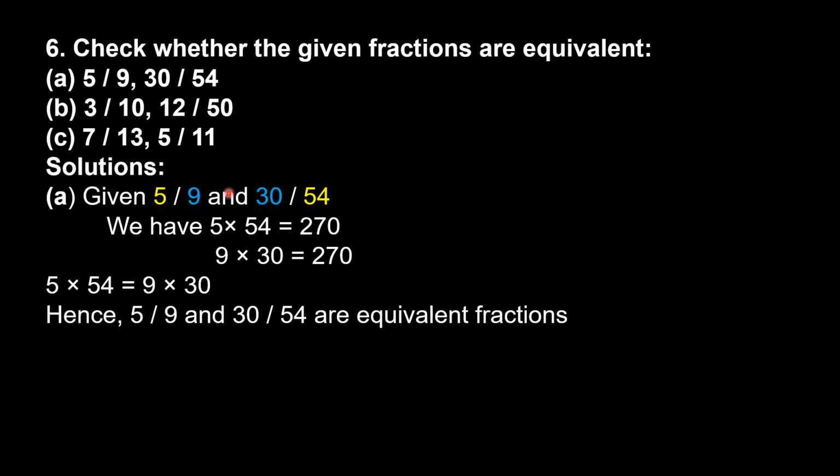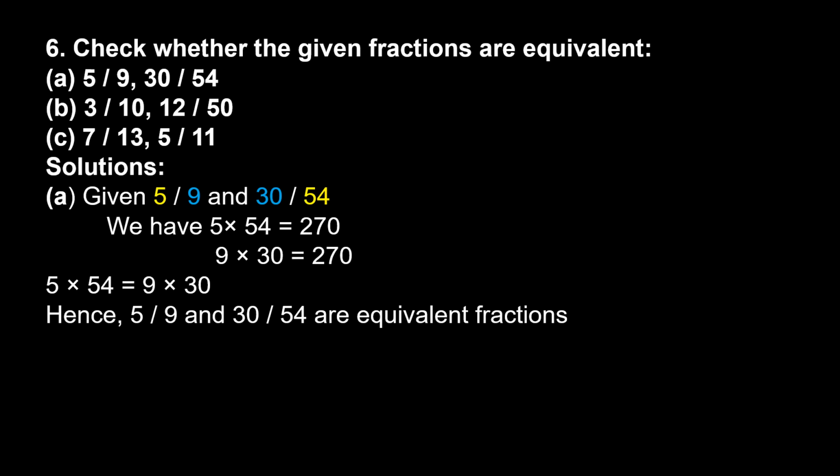Very simple. So first write the fractions 5 by 9, 30 by 54. Multiply the extremes. So 5 into 54 is 270. Then multiply the means, 9 into 30, that is equal to 270. So both are equal. So they are equivalent fractions.